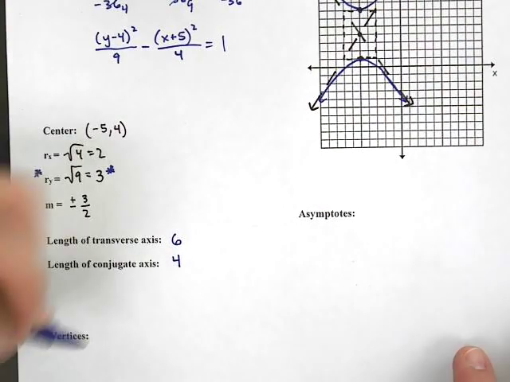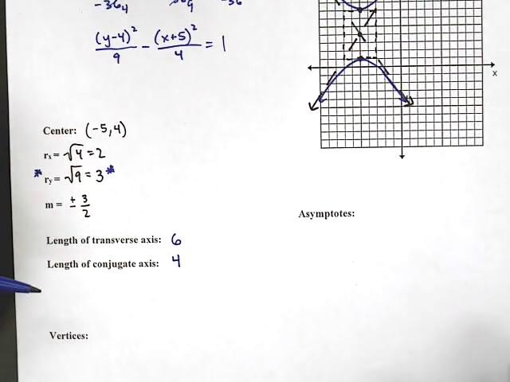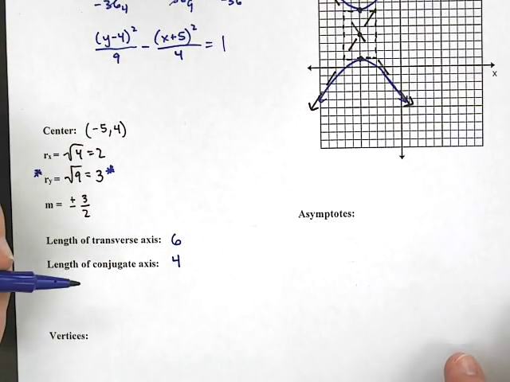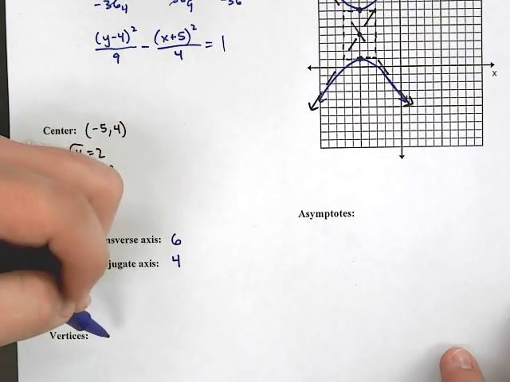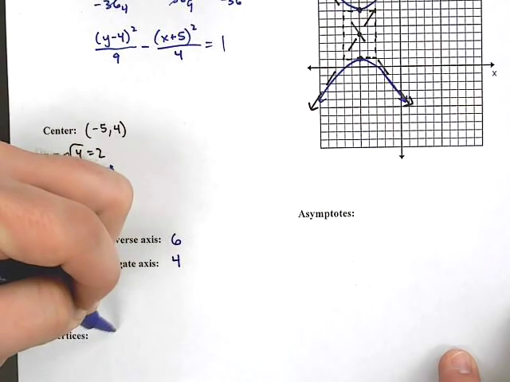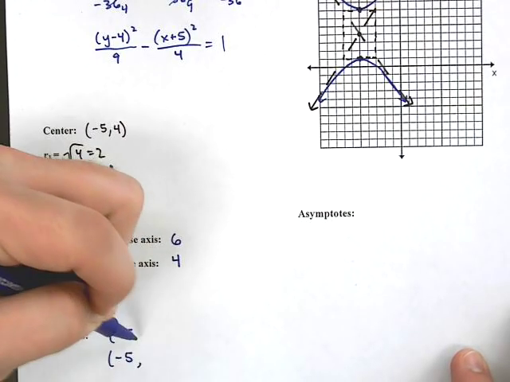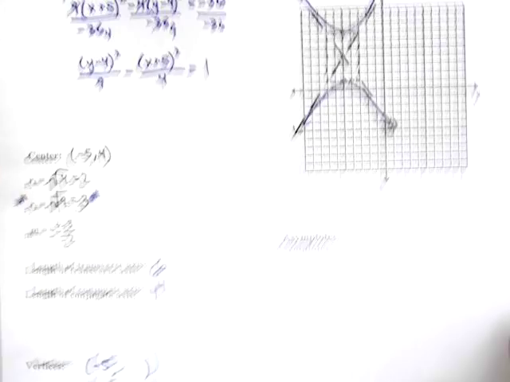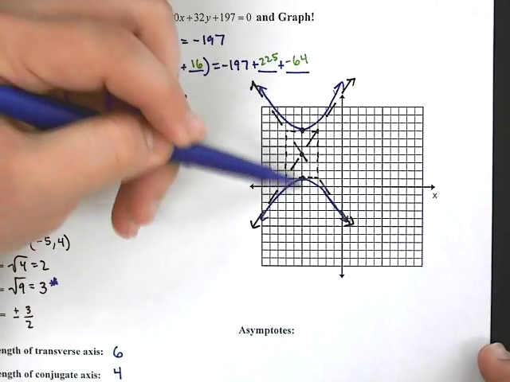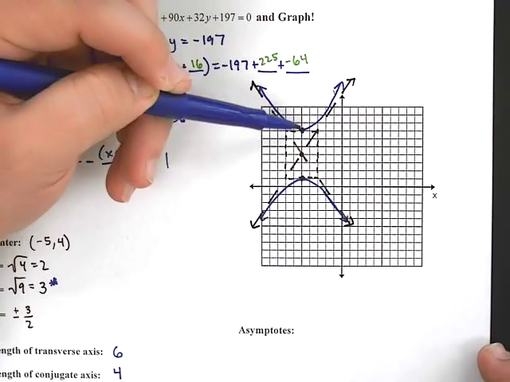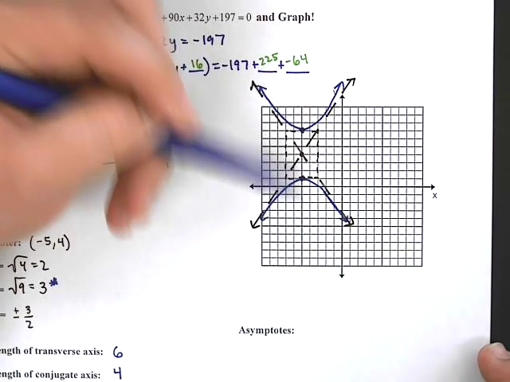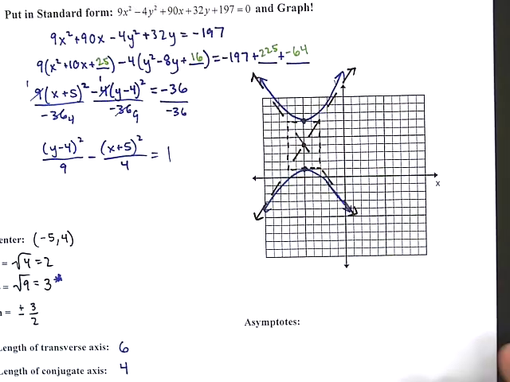For vertices, we know, again, we start at the center, and we use that transverse axis to help us. We know that the vertices are going to have to be at negative 5 and negative 5. Why? Because they have to be along this transverse axis, and the transverse axis always has an x value of negative 5.